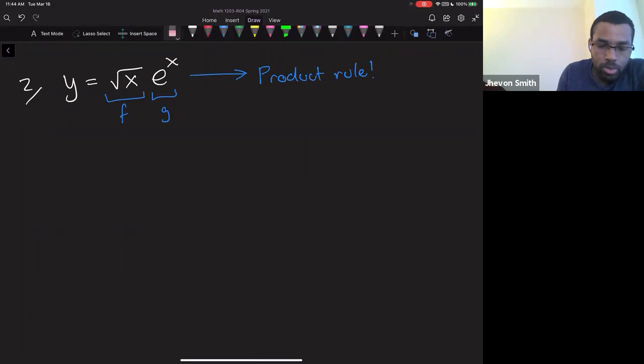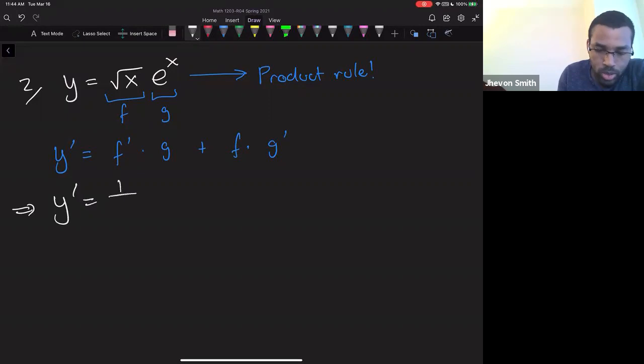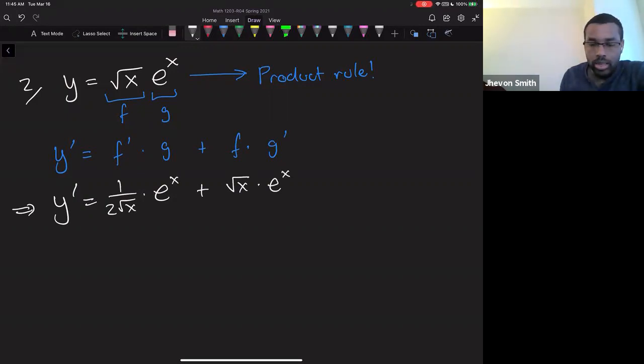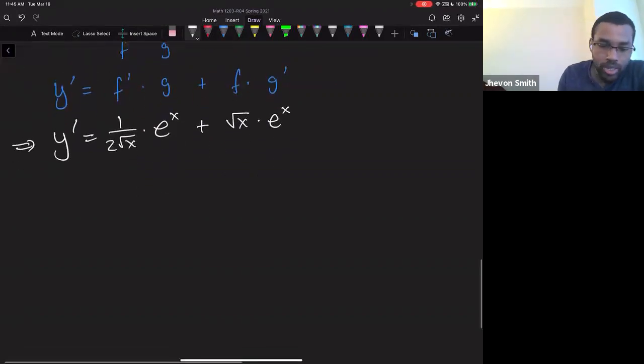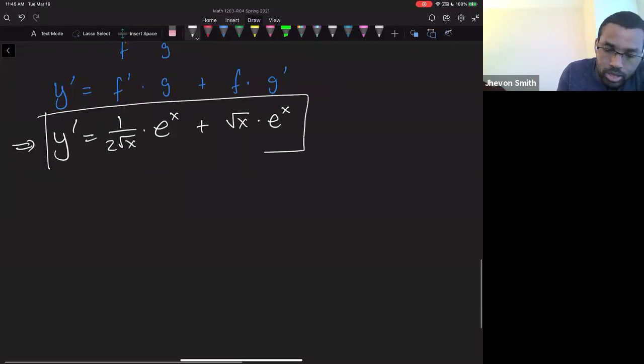From the product rule, my y prime is going to be f prime times g plus f times g prime. So my y prime is f prime, which we know is 1 over 2 rad x, times g, plus f times g prime. And that's that. That would be the answer.